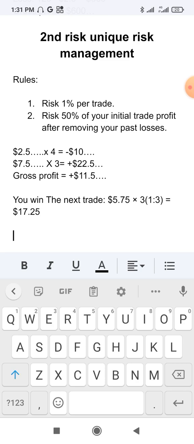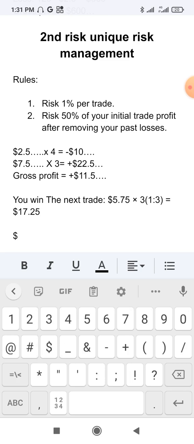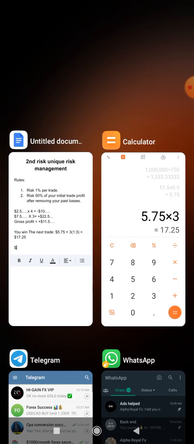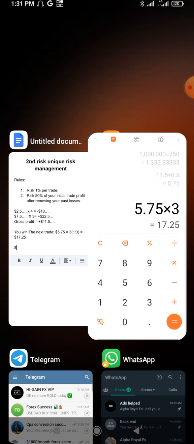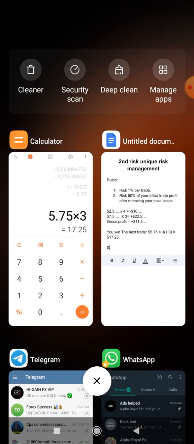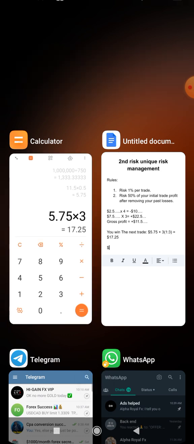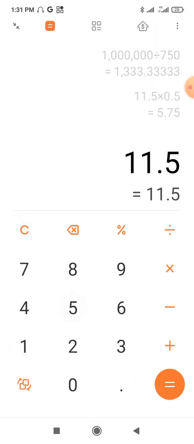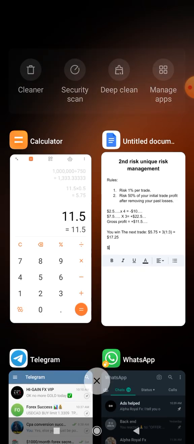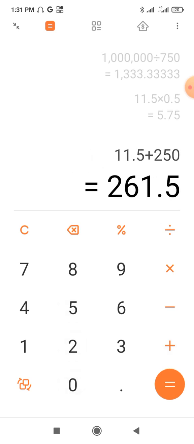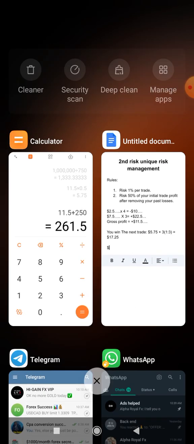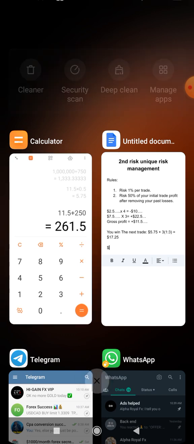So at this stage, your account would have been like, initially you had a gross profit of 11.5 plus $250, $261, right? And we risked 5.75 basically.